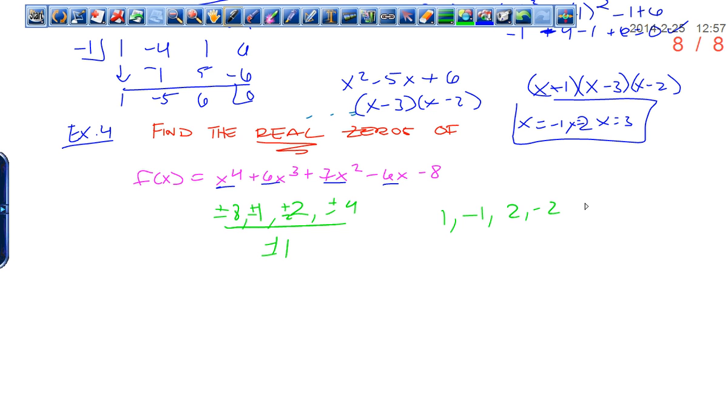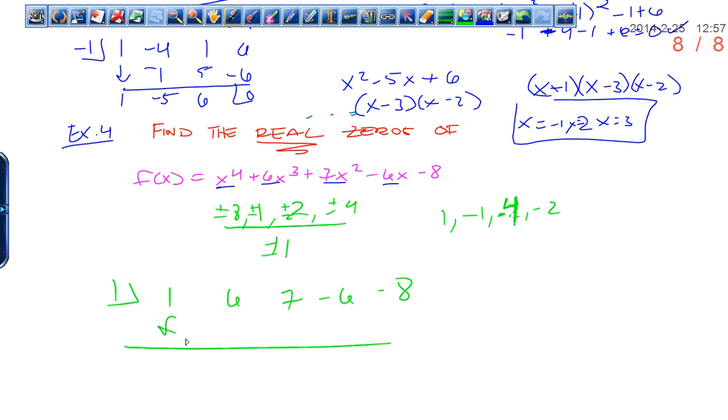So what I did first is I tried 1. I'm sorry, not positive, -4, my bad. Anyway, so try 1 first. Just try plugging in 1. It gives me a remainder of 0, so then I can use this. So 1, 6, 7, negative 6, negative 8.